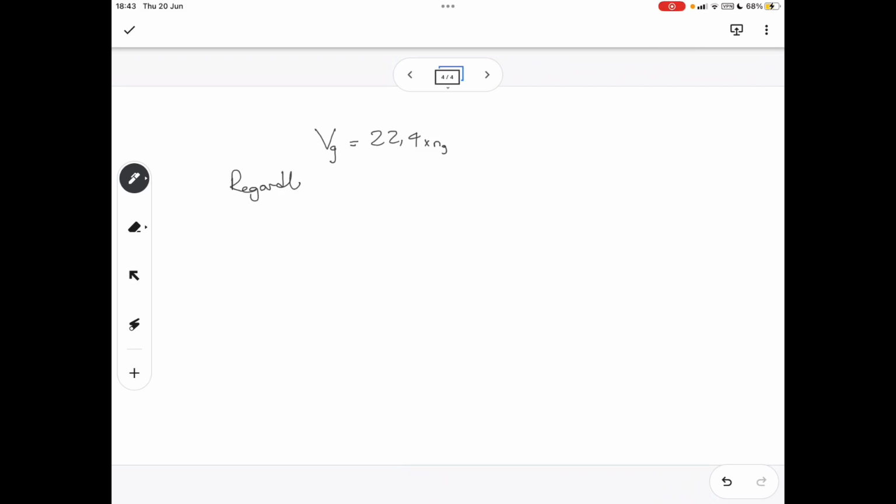So regardless of the number of moles, we can always find the volume of any gas by multiplying like this.